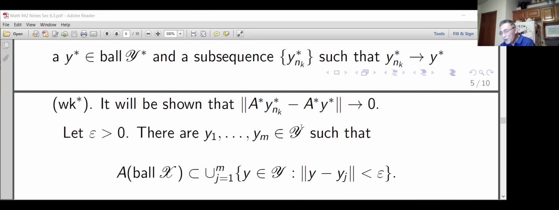We have infinitely many points. For each one, the functional applied to it would go to 0.